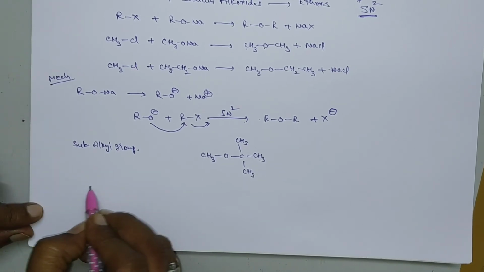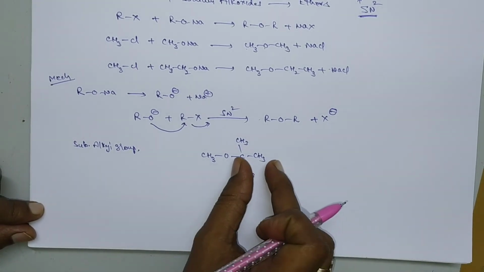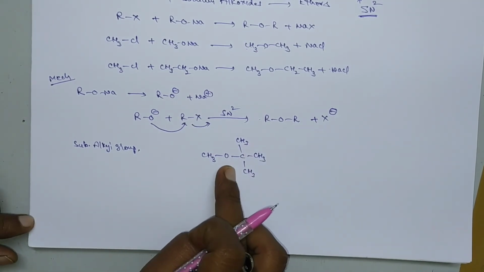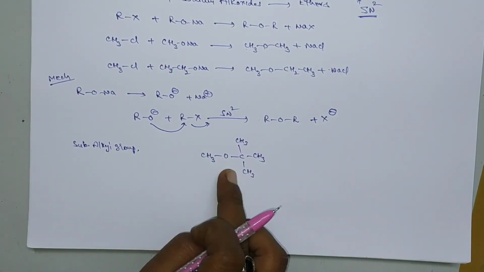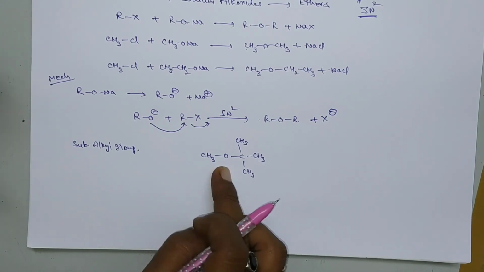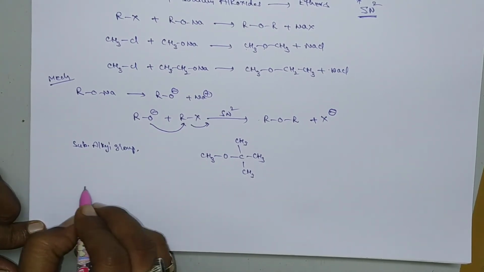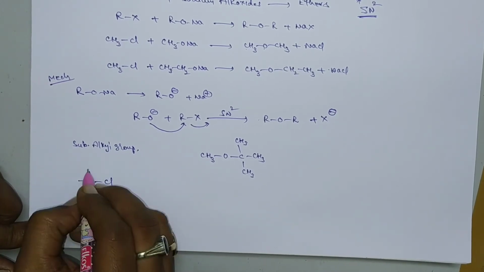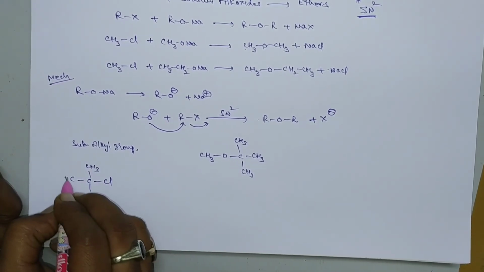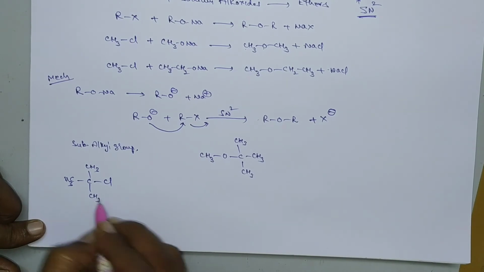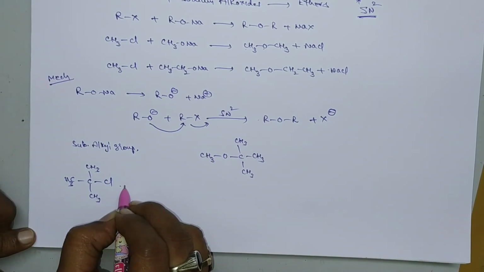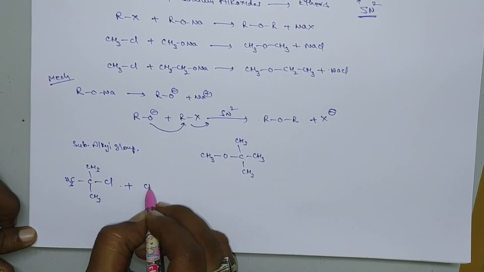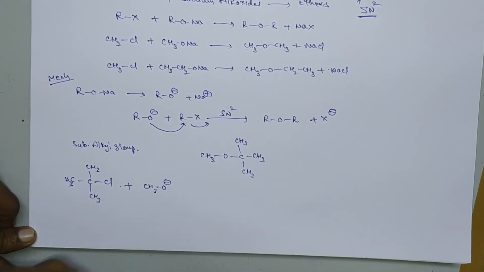The first way is by taking a tertiary alkyl halide and methoxide ion, that means sodium methoxide. If you take a tertiary alkyl halide with CH3 and CH3 groups, it reacts with CH3O minus.